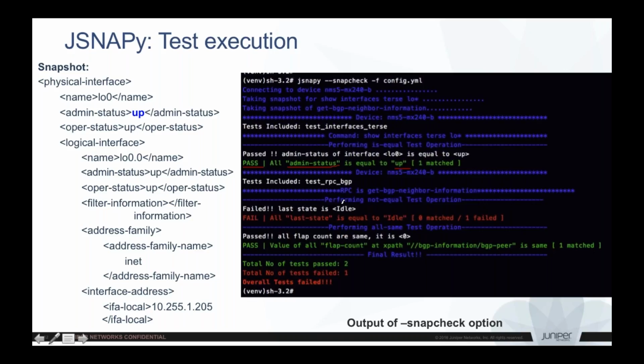Whereas the BGP has failed because the last state is equal to idle, whereas I expected it to be not idle. And the flap count test case has passed. The snapshot snippet can be seen here, wherein the required values are present.